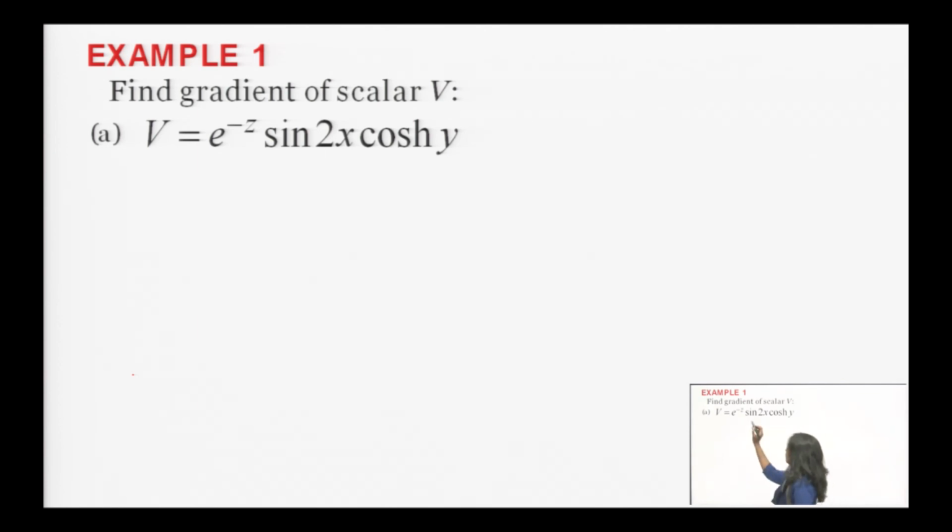So the scalar field V is given as e to the power minus z sin 2x cosh y, and by seeing these parameters we can see that this scalar quantity is given in Cartesian coordinates, which is also known as rectangular coordinates.